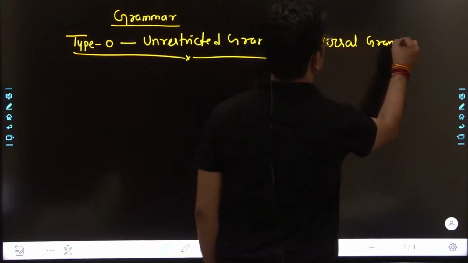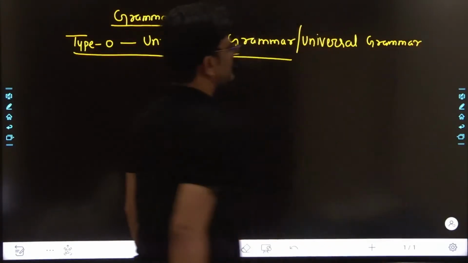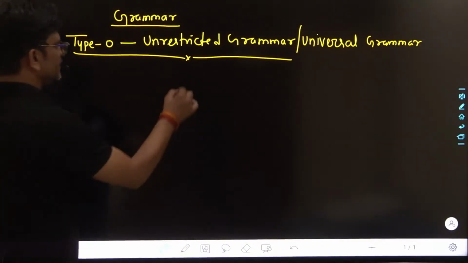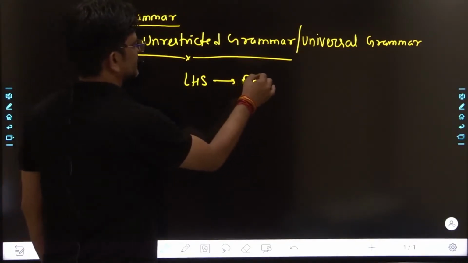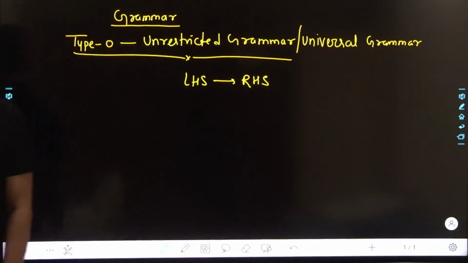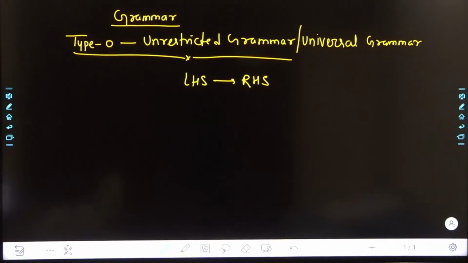So what is the mathematical definition of this one? Left hand side determines something in right hand side.